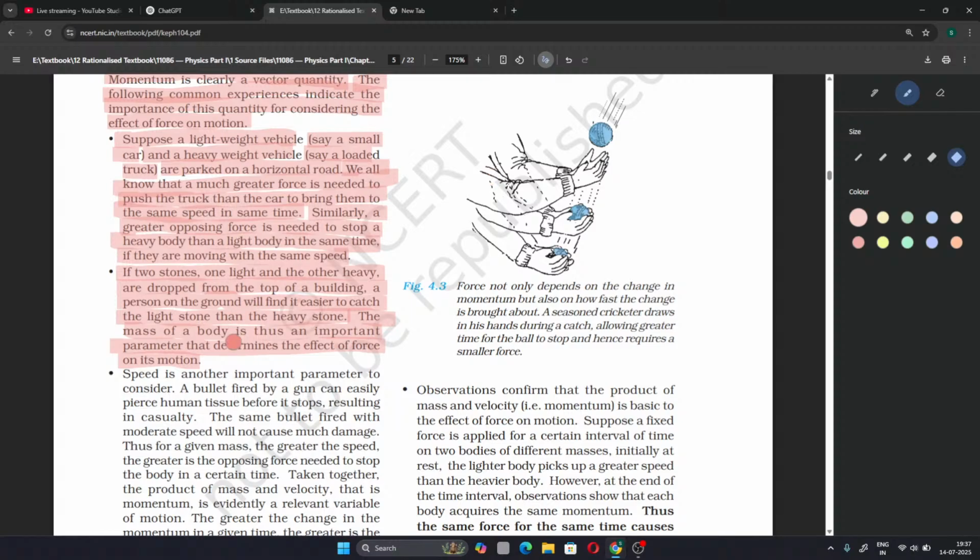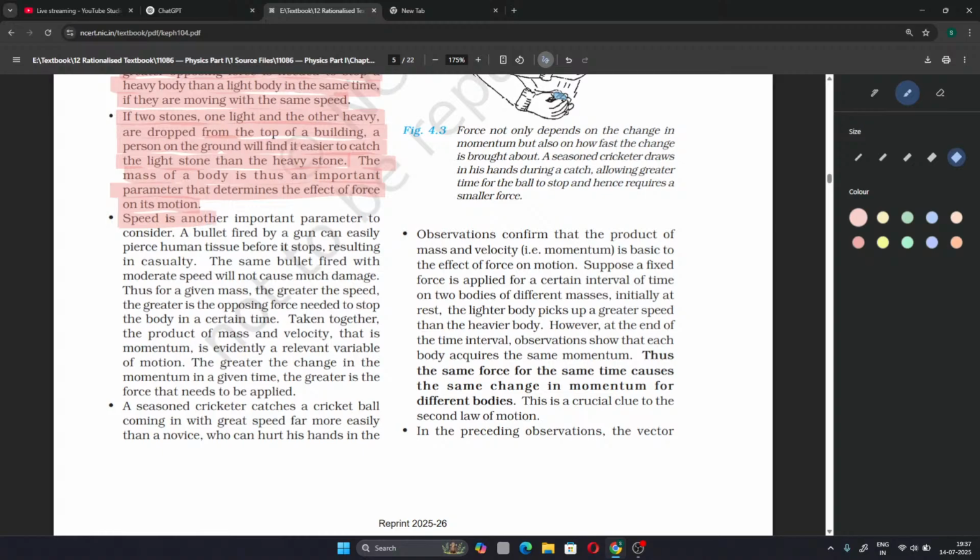That is why the mass of a body is an important parameter that determines the effect of force on its motion. The force required to affect the motion of the body depends on the mass of the body as well. That is what they're saying here from both these examples.